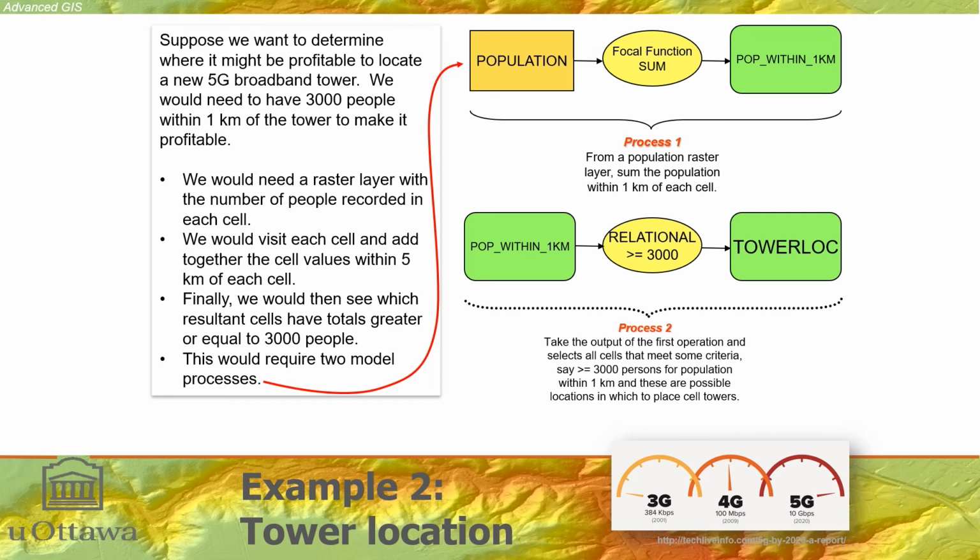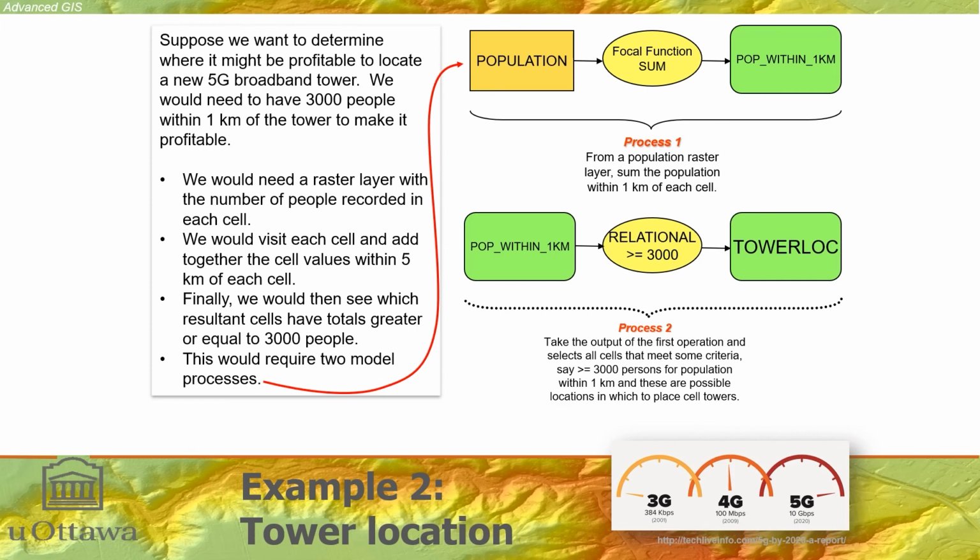So suppose I want to find where it would be profitable to locate a cell phone tower. So that's very important for businesses like TELUS, Bell, Rogers, etc., who run cell phone networks. It costs money to put a tower up, and that cost must be recouped before profitability can happen.